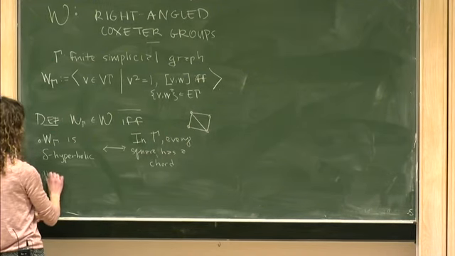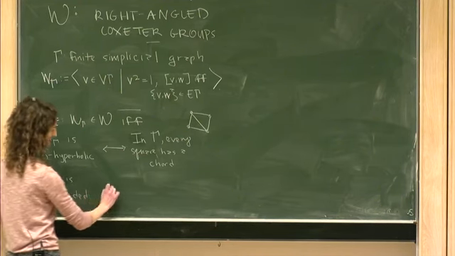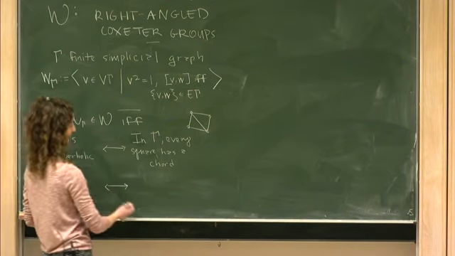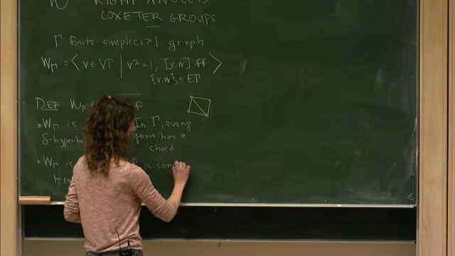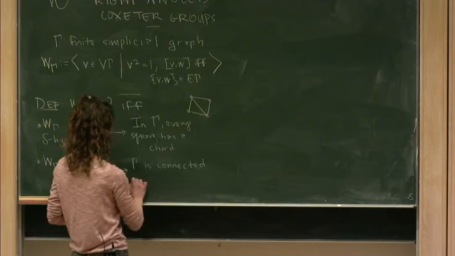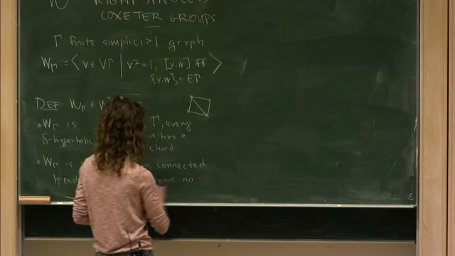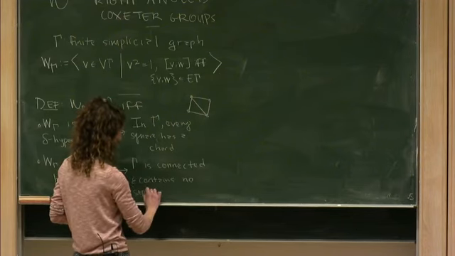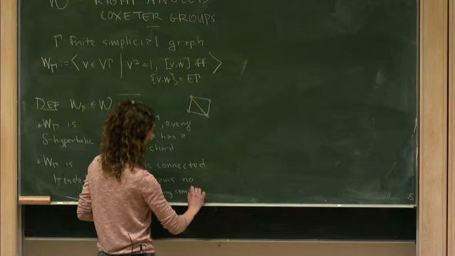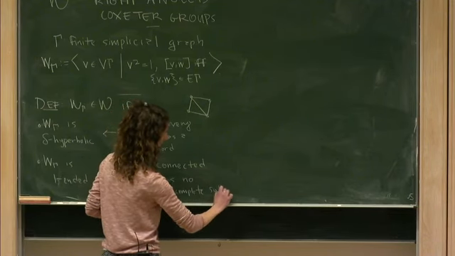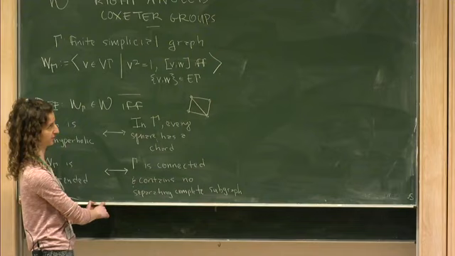We assume our group is one-ended. Or equivalently, as Mihalik showed, the graph gamma is connected and contains no separating complete subgraph, which would give you a splitting of your group over a finite subgroup.